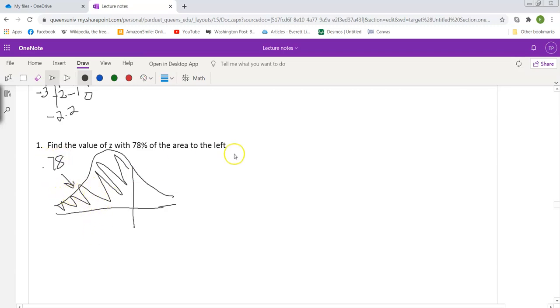So 0.78 to the left. Here this is already to the left, so we don't have to do anything. We can just do NORM.S.INV of 0.78. And that'll give us our answer.